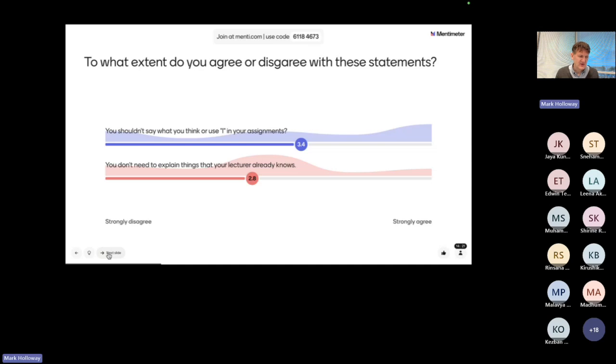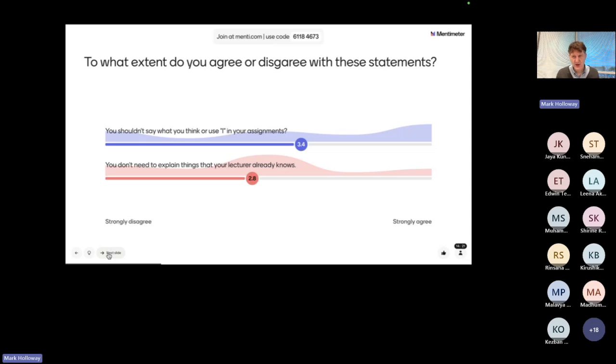You do actually need to explain some things that your lecturer already knows. Usually on a module, when you're set an assignment, we want to check your understanding and your knowledge, and also maybe to look at your skills and give you a chance to develop your skills of communicating that knowledge.